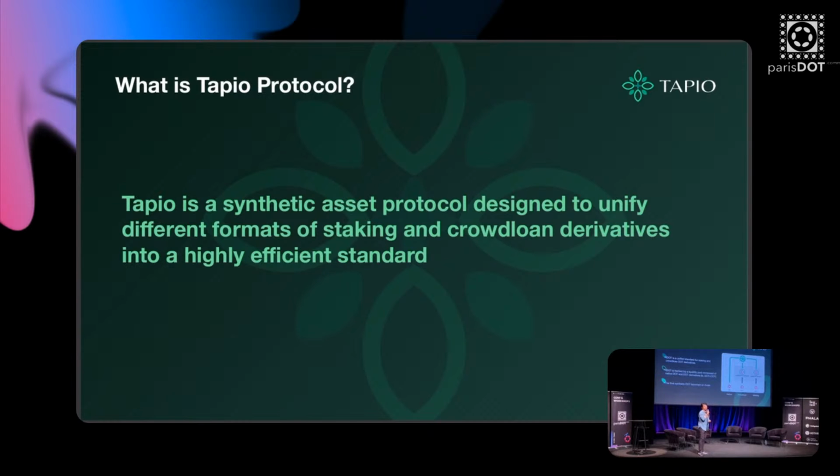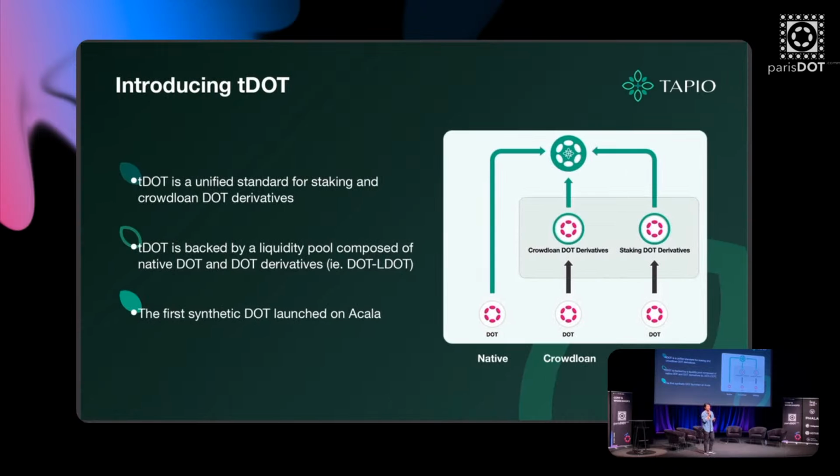And yeah, it's the first synthetic DOT launched on the Acala network, but our solutions can actually be deployed across different parachains. We're just starting off on the Acala network because obviously they have very stable and huge volumes in terms of these liquid staking solutions. So it made sense for us to start there.